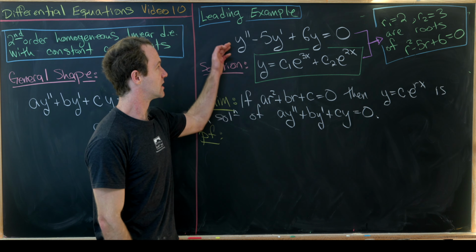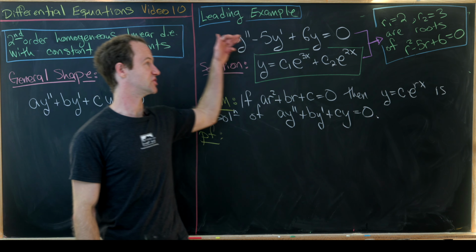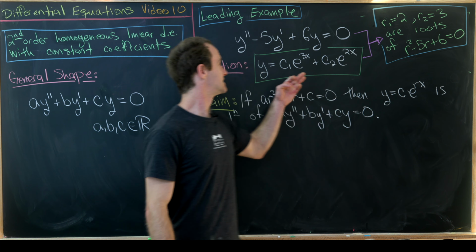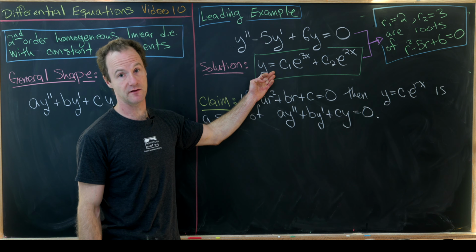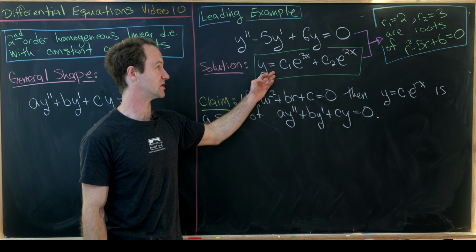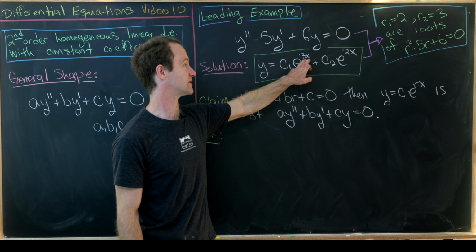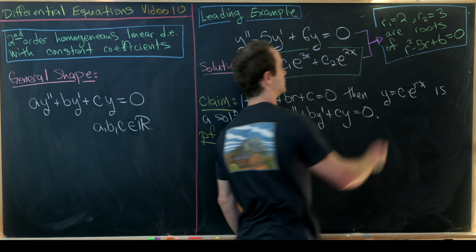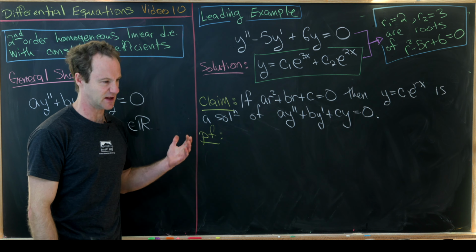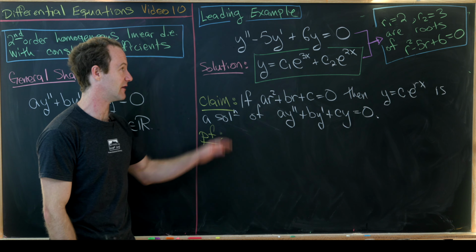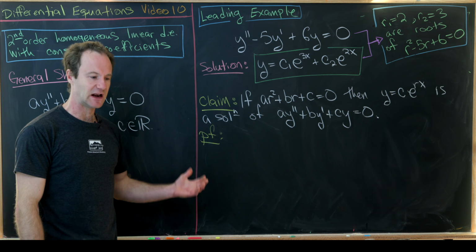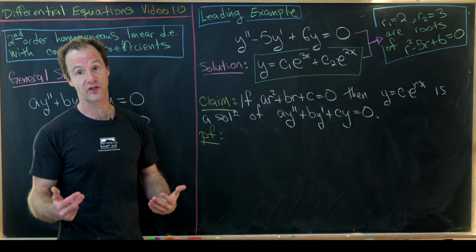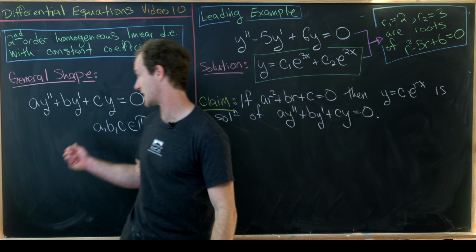So it turns out translating this differential equation into a quadratic polynomial and then finding its roots tells us the form of the solution to the differential equation. Notice that these exponentials, e to the 3x and e to the 2x, are directly related to these two roots here. So I think that's a nice structure that we have for this differential equation. And in fact, this is essentially how you solve 1/3 of the differential equations that are of this form.